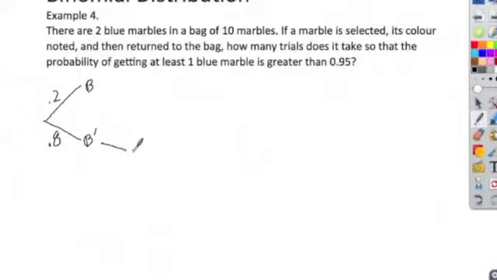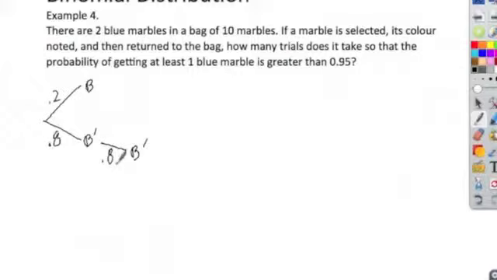So what we'll do is we'll just extend the branch where it's none, all right? And again, probability stays the same each time. Now, notice in the first case, the complement of not getting a blue is 0.2, all right? So that's not greater than 0.95, okay? But notice as we extend along the branch, we keep multiplying the probability of not getting a blue, which is 0.8, by raising it to the number of trials.